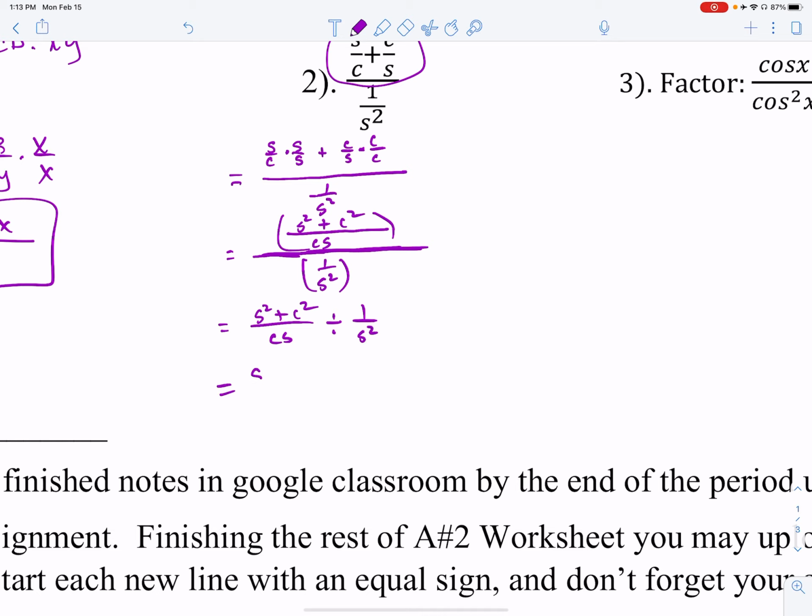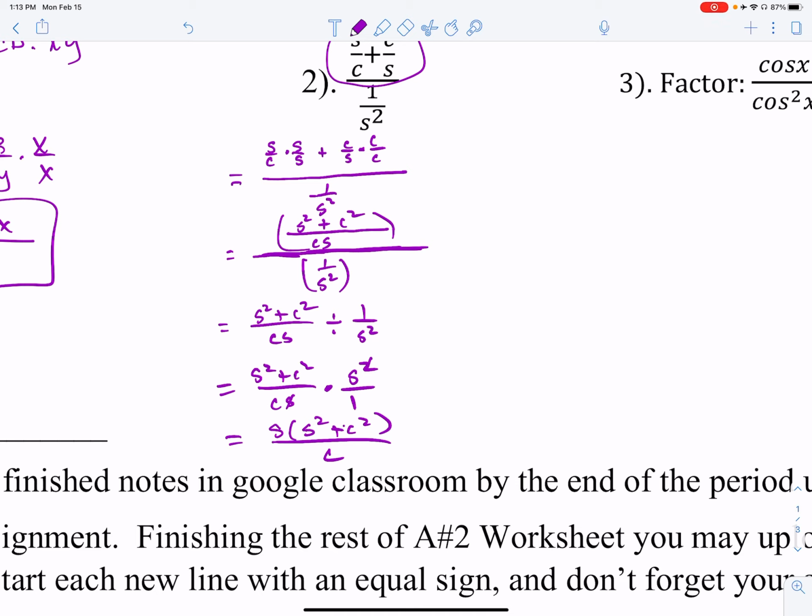So what happens is you multiply by the reciprocal. On that, this s can take out one of those, and we have s times s squared plus c squared all over c.